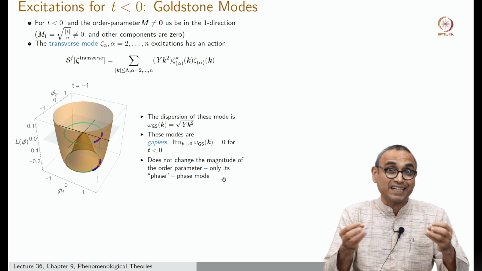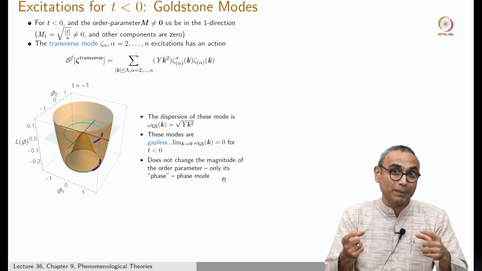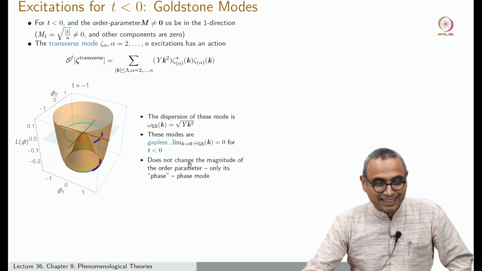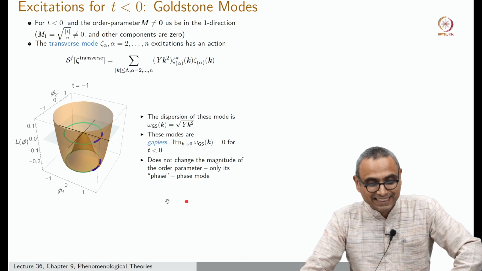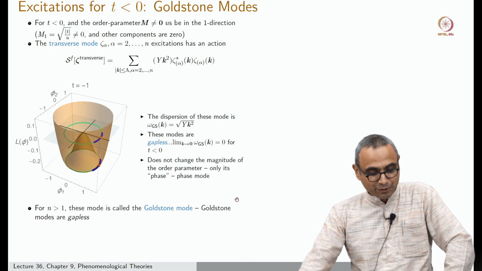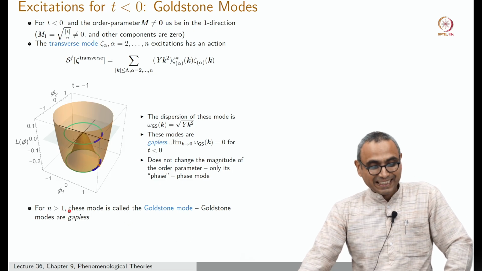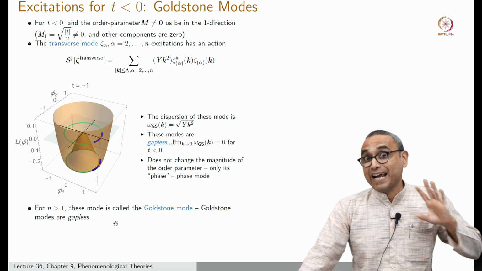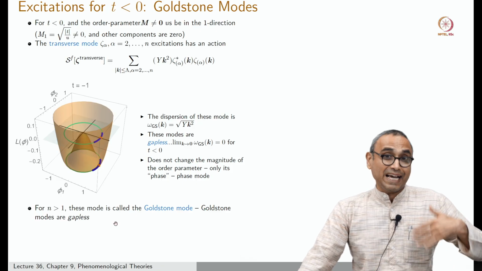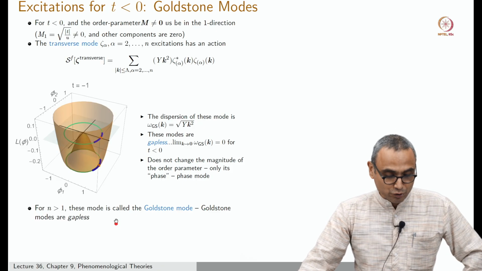You remember the superconductor had a U(1) order parameter, which is a complex number. It's like changing the phase of the superconductor, and taking analogy from that, these are also called phase modes for any n. Okay. So for n greater than 1, remember for n equal to 1, such modes do not exist, right, or for actually any discrete symmetry, such modes do not exist.